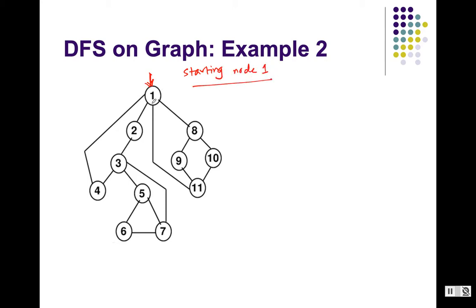Draw the DFS tree and find the tree edges. All other edges that are not part of the tree edges will be the back edges. Also keep track of the start time and finish time.